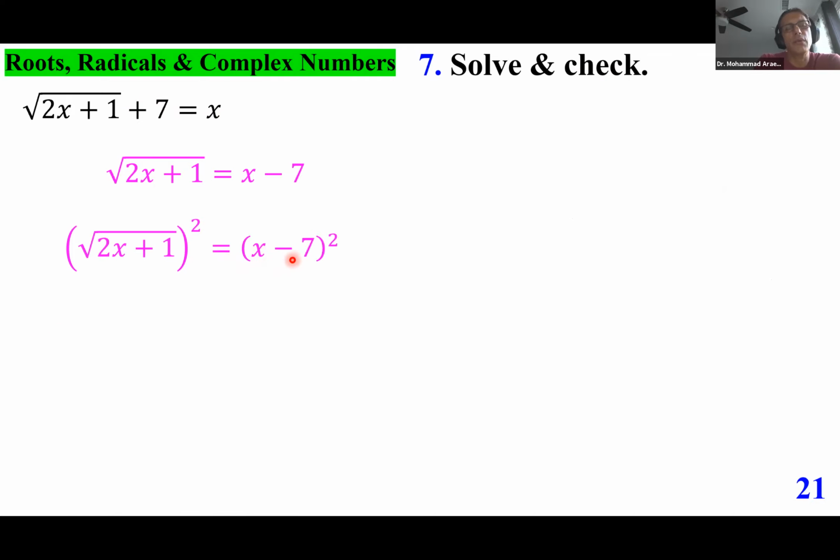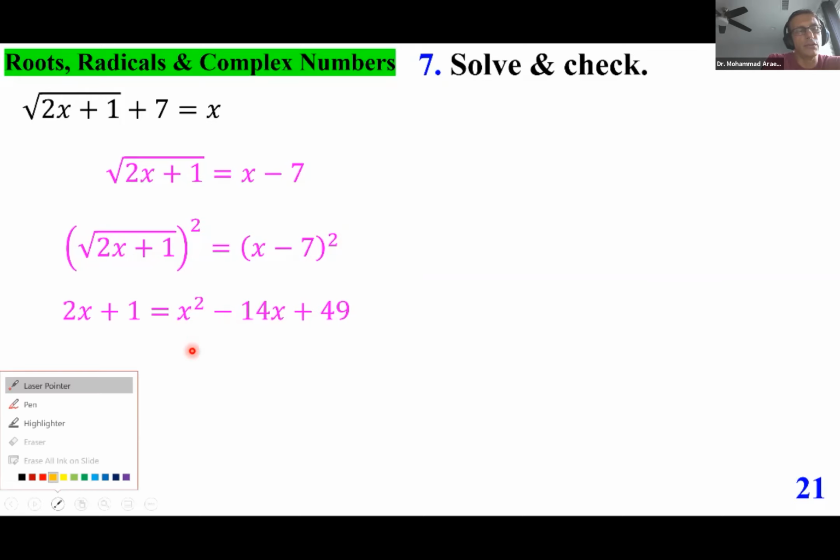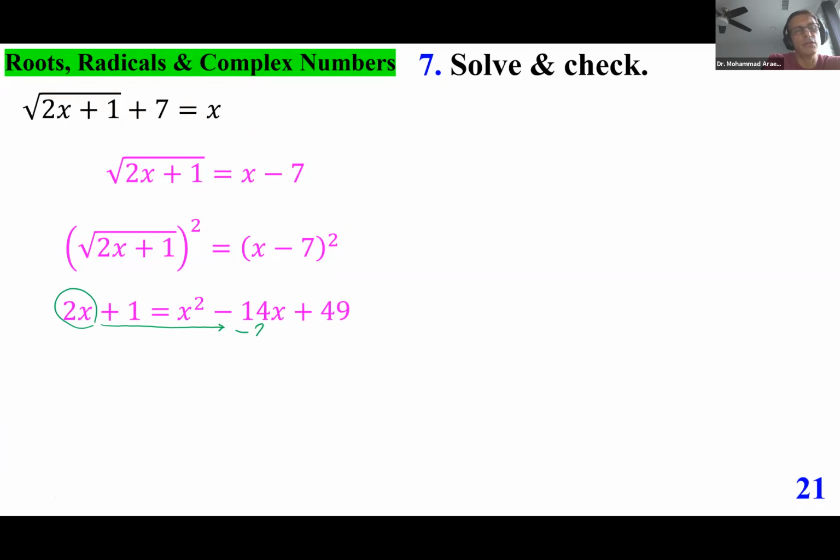This is x squared minus 2 times the first times the last minus 14. X plus 7 squared is 49. We bring everything to the right side because it's x squared on the right side. That's why we do that. So let's move this, make it minus 2x.